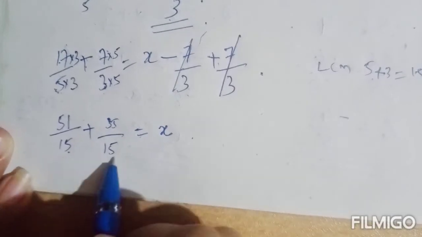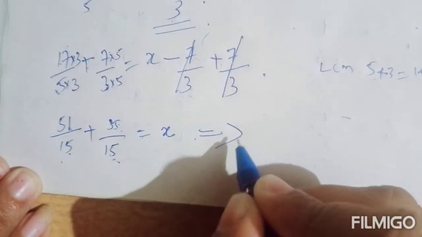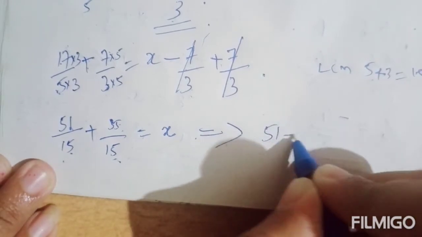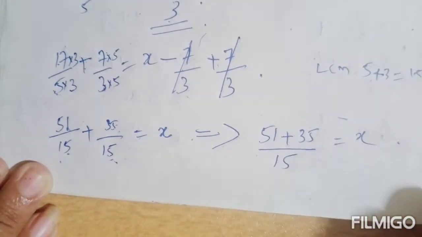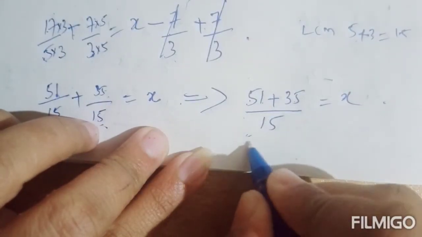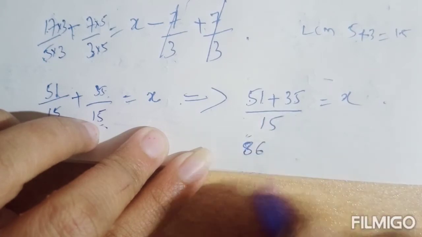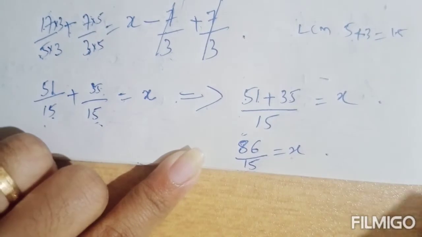Now here denominators are same, so you can add the numerators, which implies 51 plus 35 divided by 15 equal to x. 51 plus 35, you will get 86 by 15 equal to x.